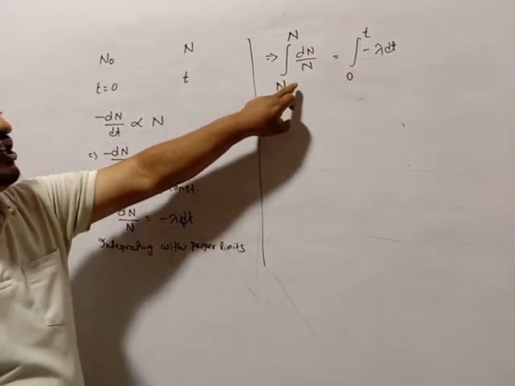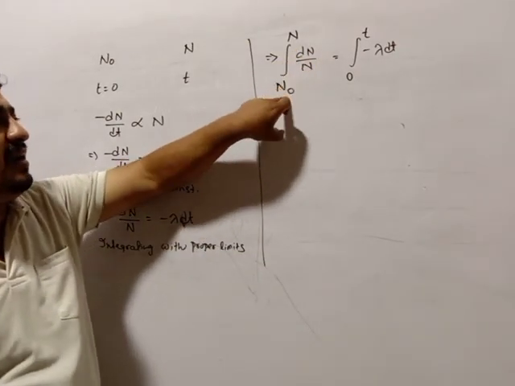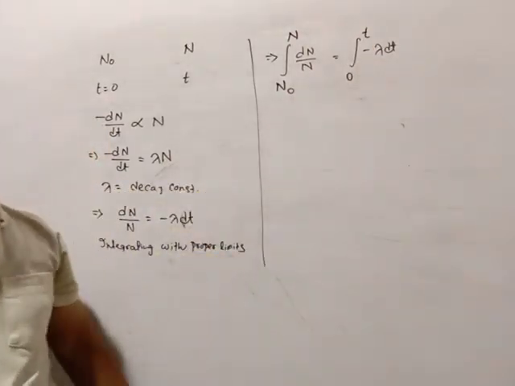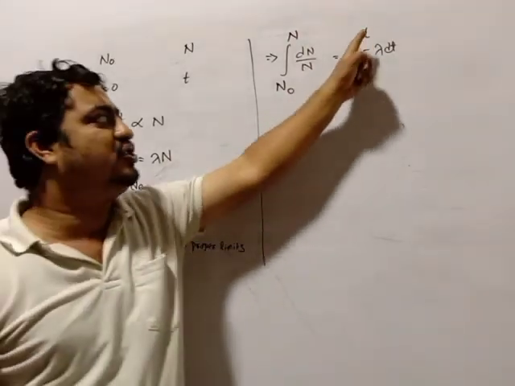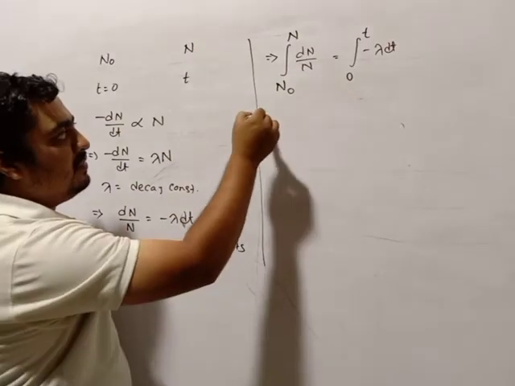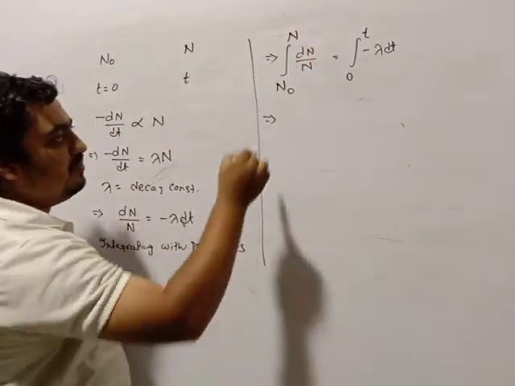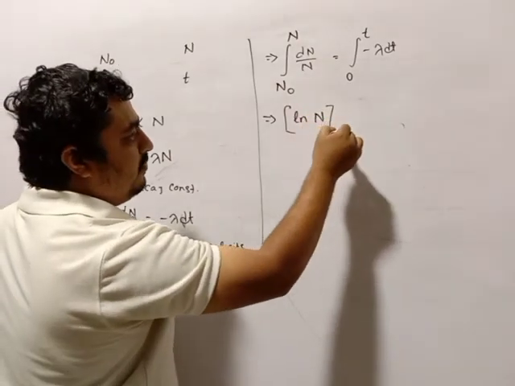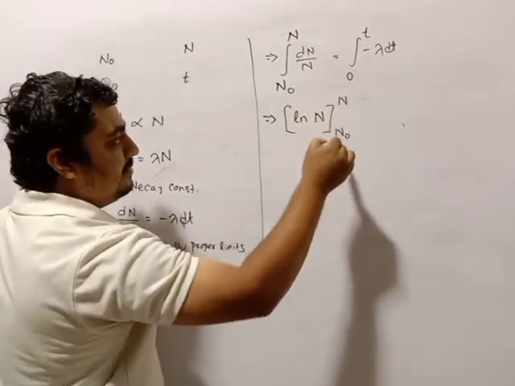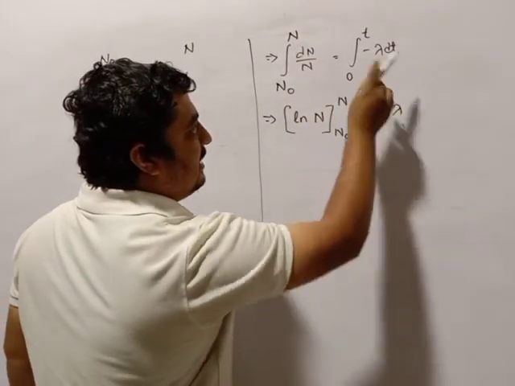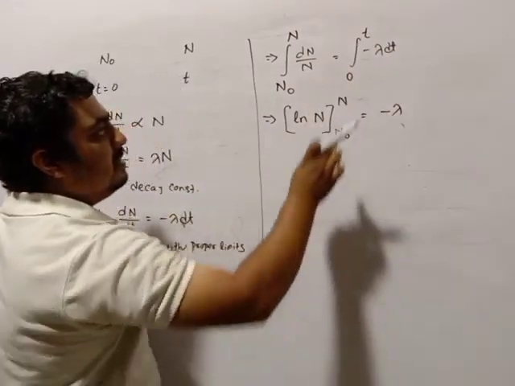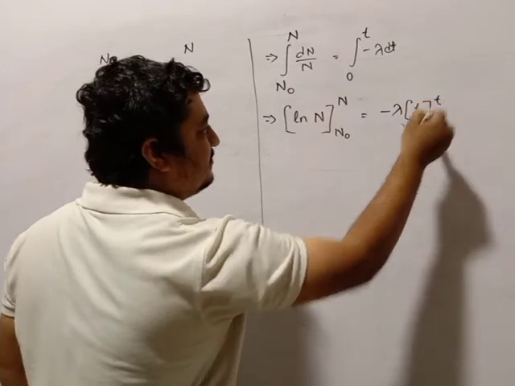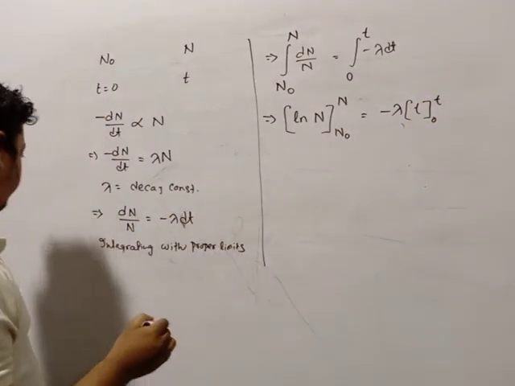So the integration of dn by n from n0 to n is equal to the integration of minus lambda dt from 0 to t. The integration of dn by n is ln n, varying from n0 to n. Minus lambda is a constant, the integration of dt is t, and time varies from 0 to t.